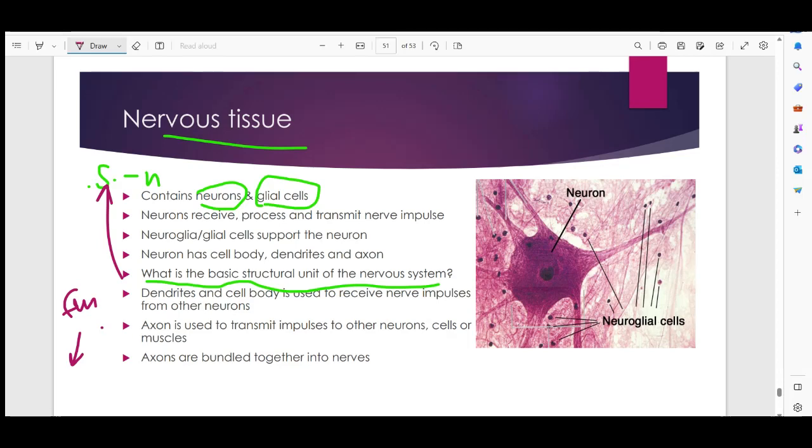Sometimes in some systems, both the structural unit and the functional unit are just one thing, but there are systems where the structural unit is one thing and the functional unit is a different thing. So it is like that here. For the nervous system, the structural unit is the neuron, and the functional unit is the reflex arc.